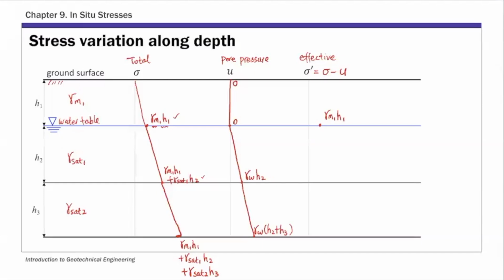And then for this point here, we have gamma M1 H1 plus gamma saturated 2 H2 minus the pore pressure, gamma W H2.